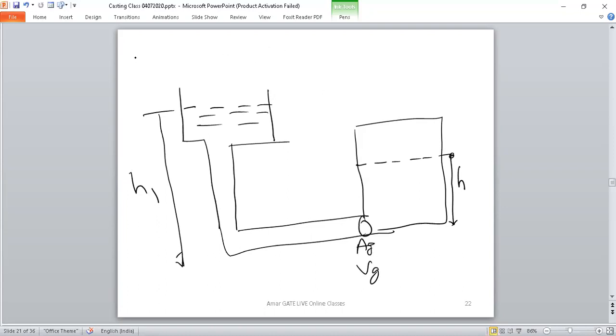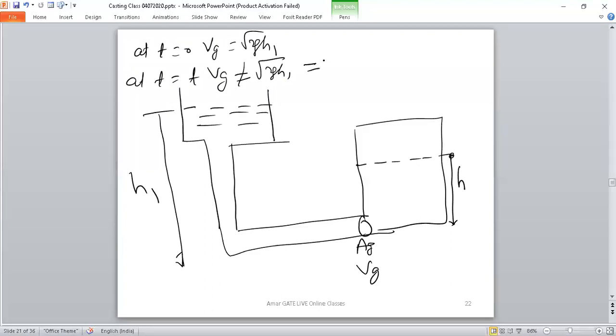At time t equal to 0, Vg is equal to root under 2gh1. But at t equal to t, Vg will not be equal to root 2gh1. It will be equal to root under 2g(h1 minus h), again from the Bernoulli equation. If h is equal to 0, meaning t is equal to 0, it will come like this.